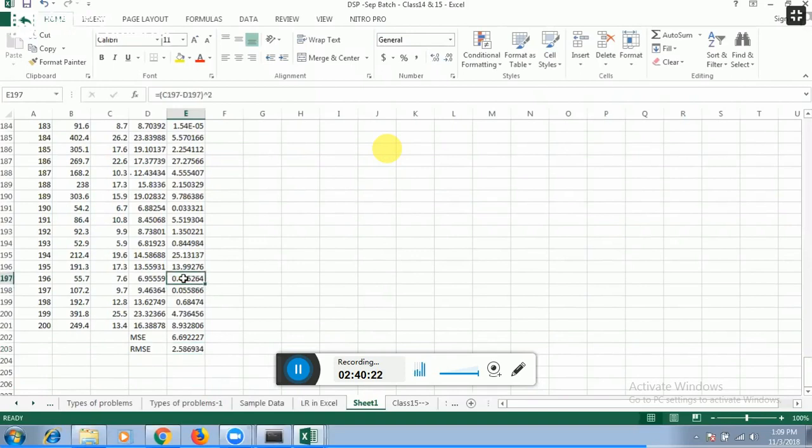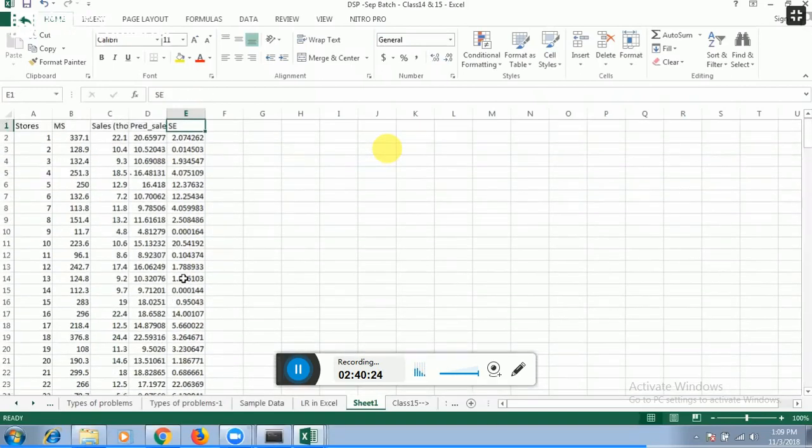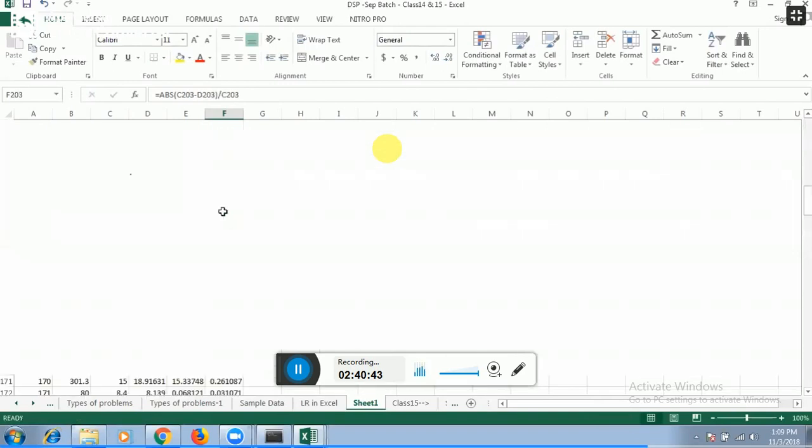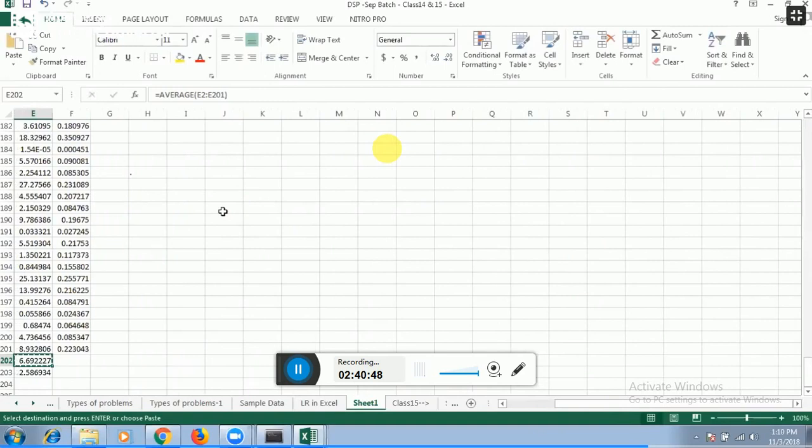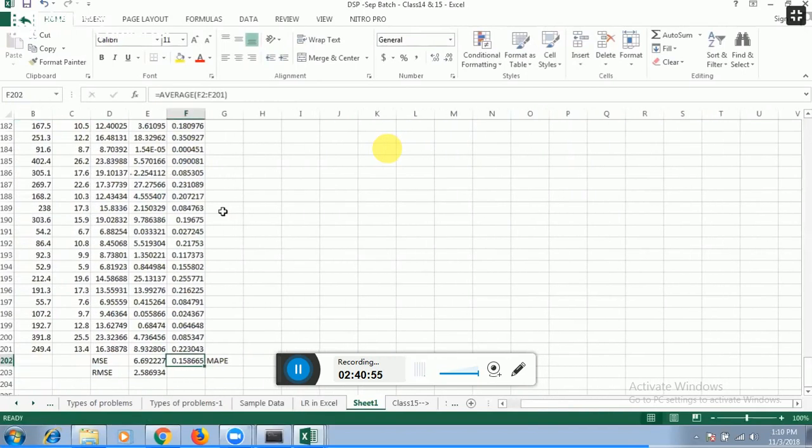Okay. Now what is a MAPE? MAPE is nothing but the absolute percentage error. What does that mean? The absolute value of actual minus predicted, divided by actual. This is my absolute percentage error, and taking the average of this is what we call MAPE, mean absolute percentage error. Correct?